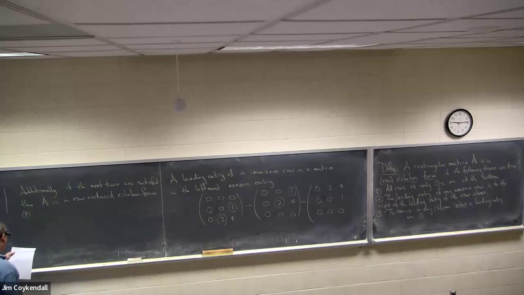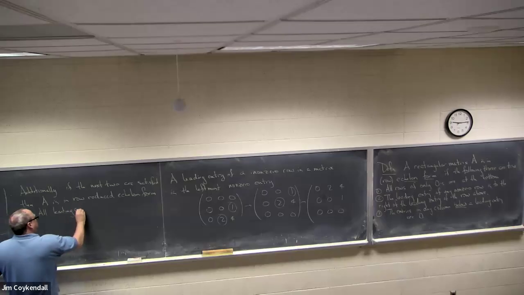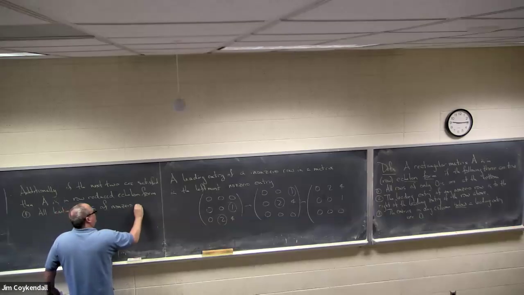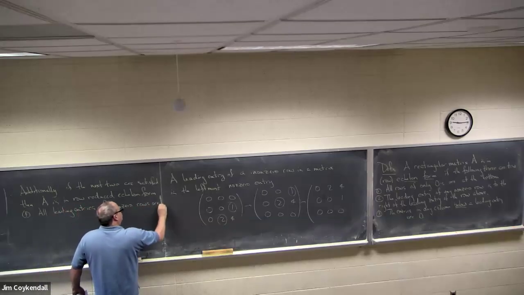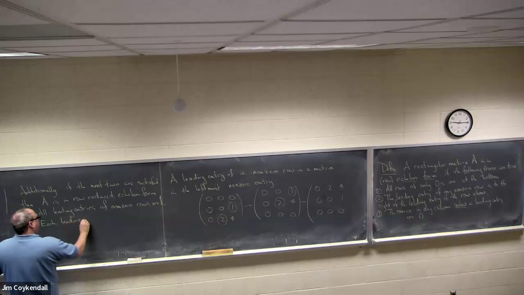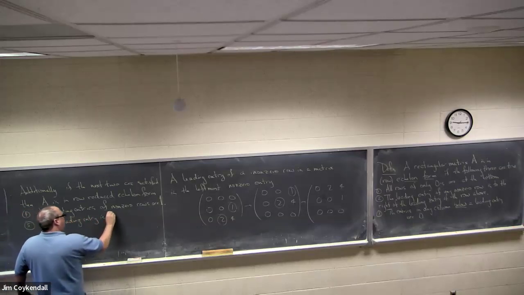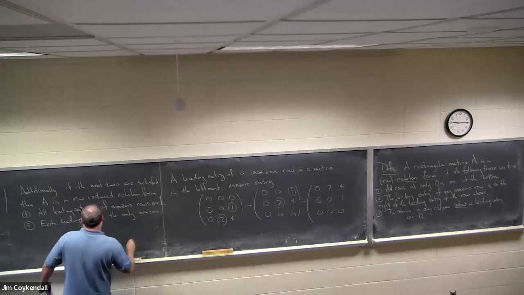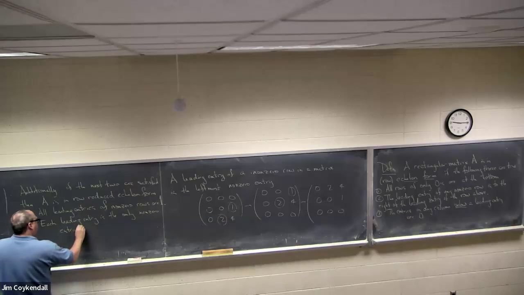Number four, all leading entries are 1. Number five, each leading entry is the only non-zero entry in its column.